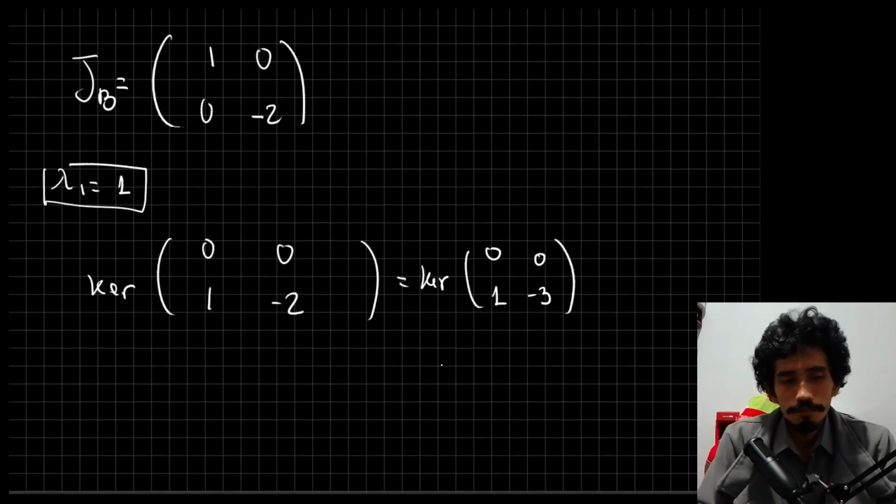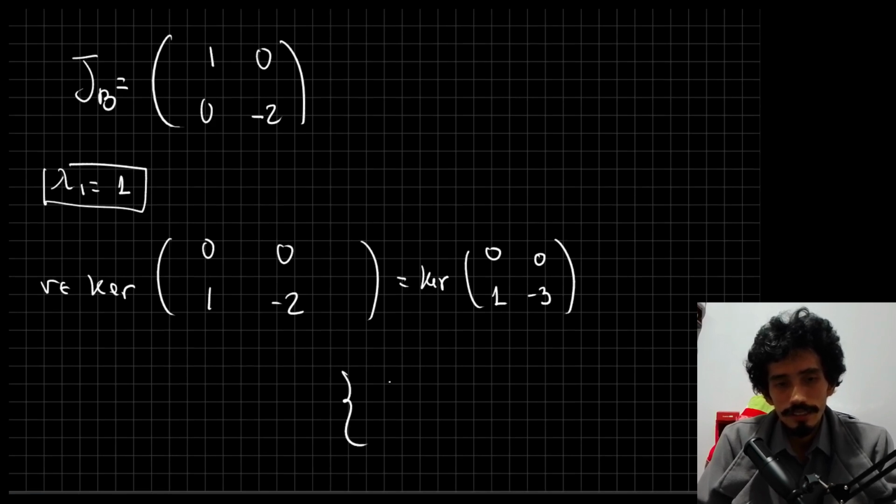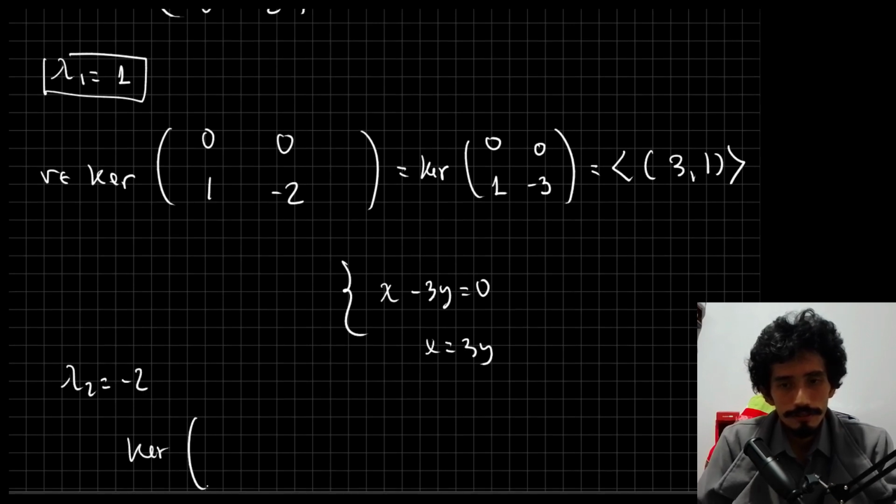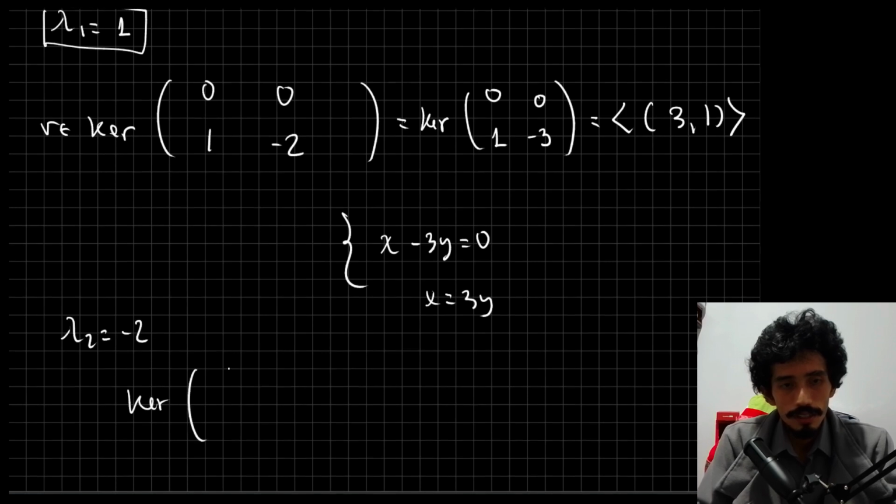Now any vector here will hold that x minus 3y is equal to 0, so x is equal to 3y. Then this is generated by 3, 1. And for the second eigenvalue, which was -2, the kernel of 1, -2, 0, 1, -2 would be 3, and this will be 0.